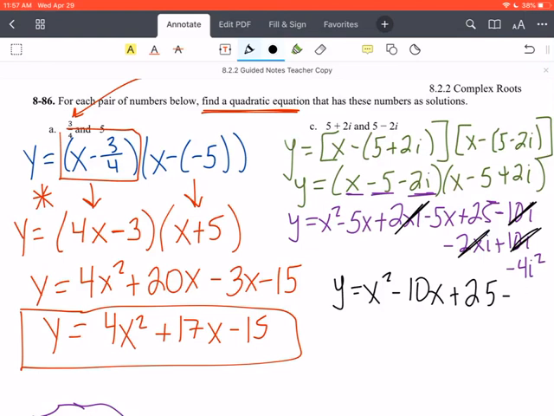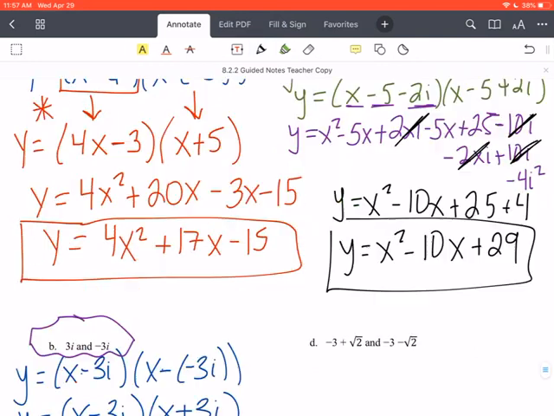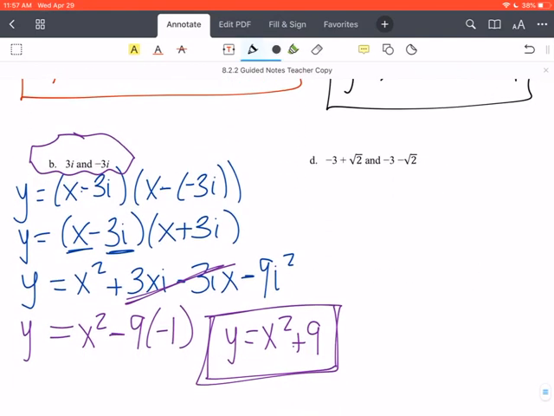So negative 4 times negative 1 is positive 4. So if we combine like terms, I get x squared minus 10x and then plus 29. So this would give you these roots if you performed the quadratic formula and simplified the complex number when you found the negative under the square root.